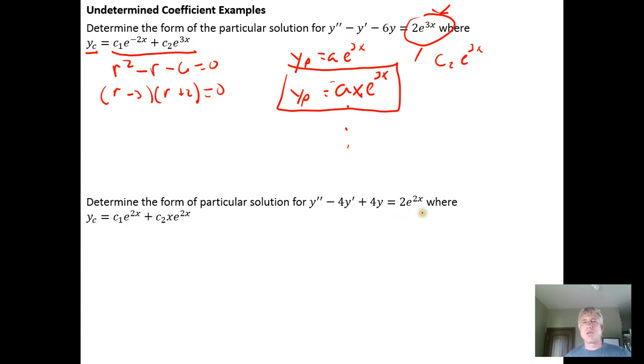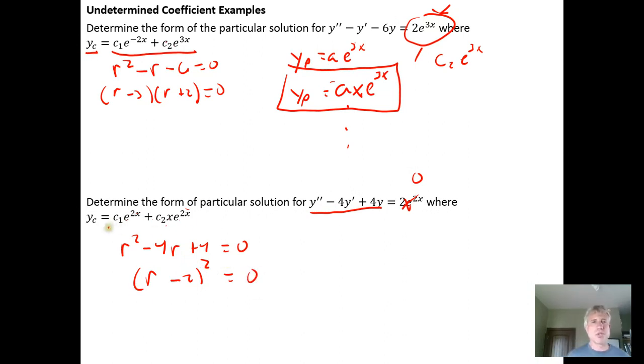If we get a situation like this, here I have y complementary is c sub 1 e to the 2x plus c sub 2 x e to the 2x. And that comes from the fact that our characteristic polynomial for the homogeneous differential equation was r squared minus 4r plus 4 equals 0. And this actually winds up having the repeated root r equal to 2.